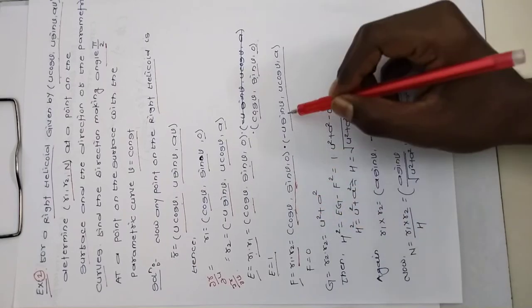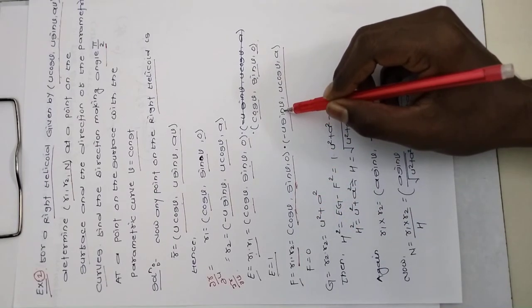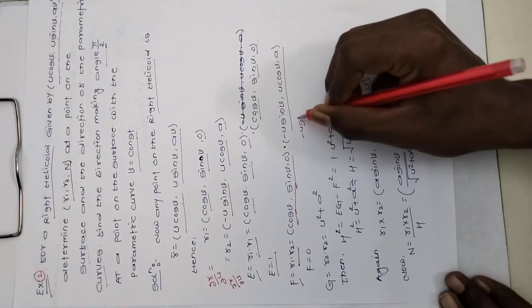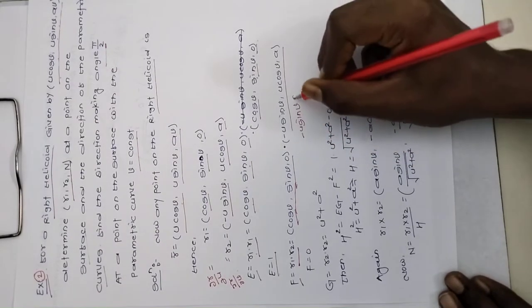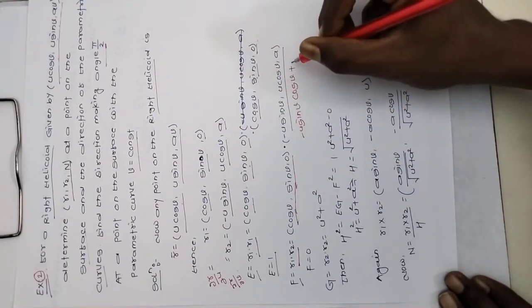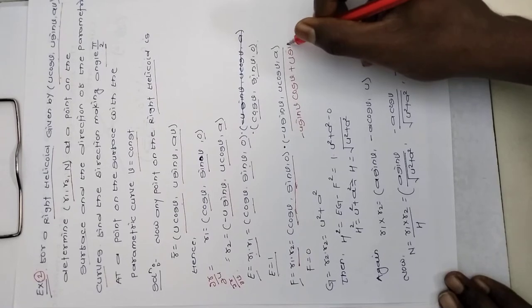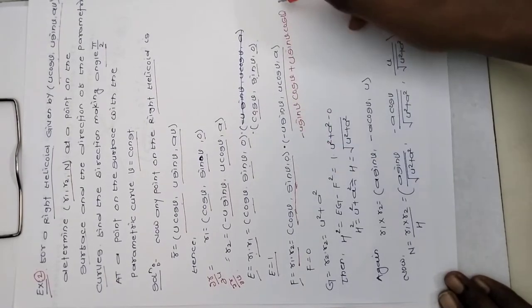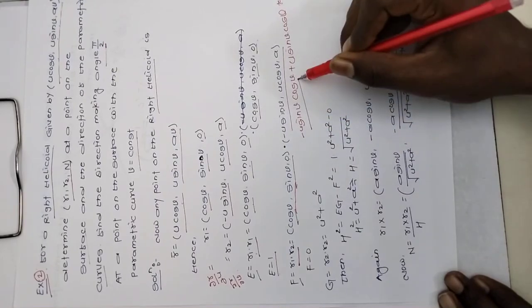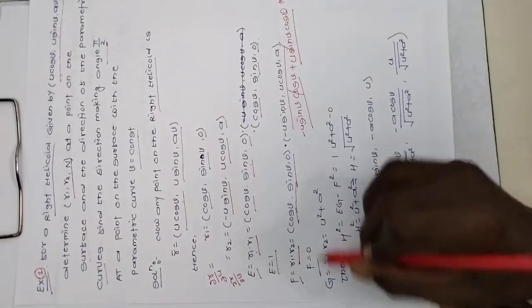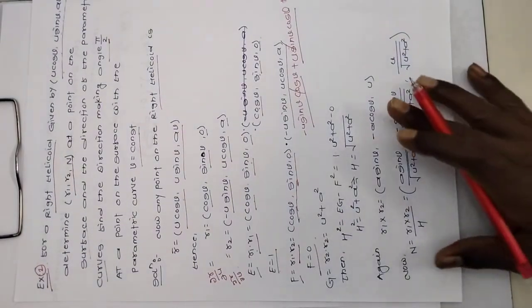Calculate cos v into minus u sin v, that means minus u sin v cos v, plus sin v into u cos v, that is u sin v cos v, and 0 into a, that means 0. So minus u sin v cos v plus u sin v cos v get cancelled. The value of F is 0.